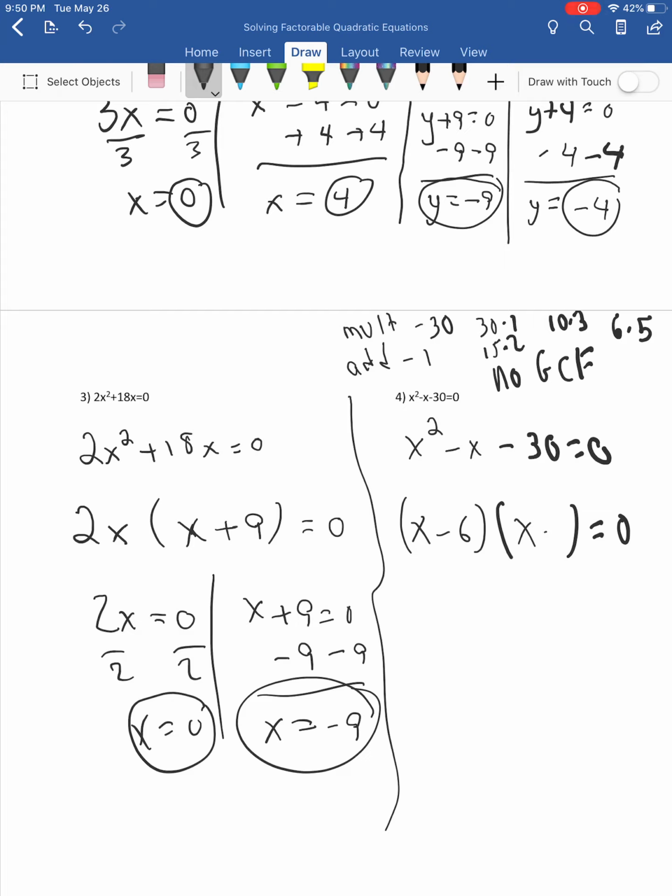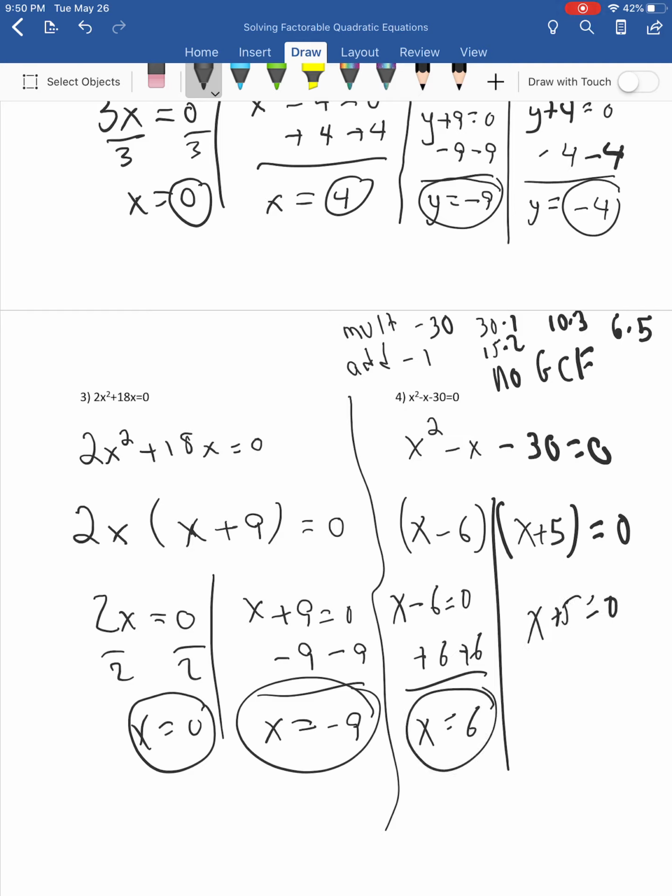That means you need a negative 6 and a positive 5. Okay. Go x minus 6 equals 0. So x is 6. And x plus 5 equals 0, so x is negative 5.